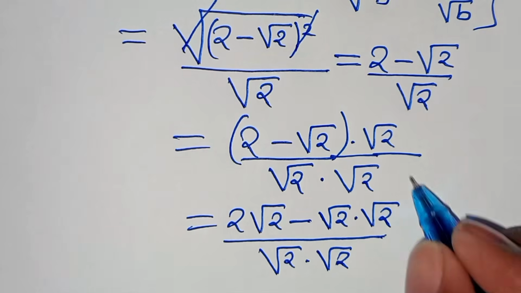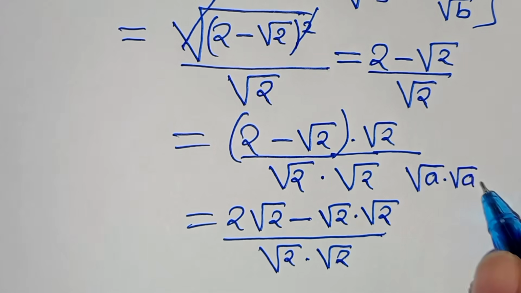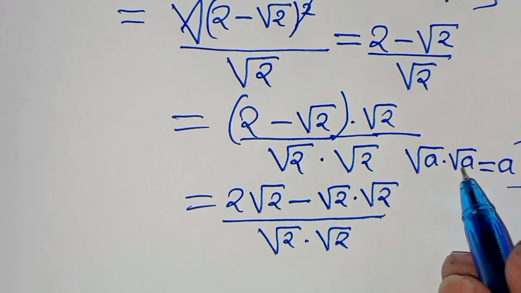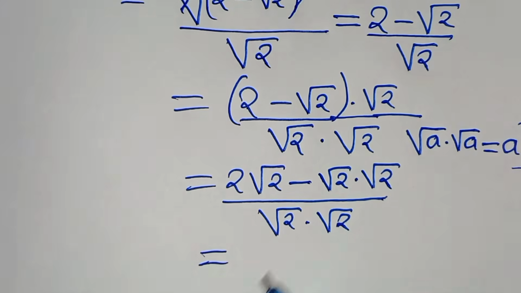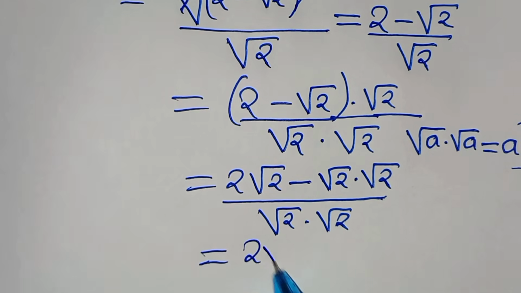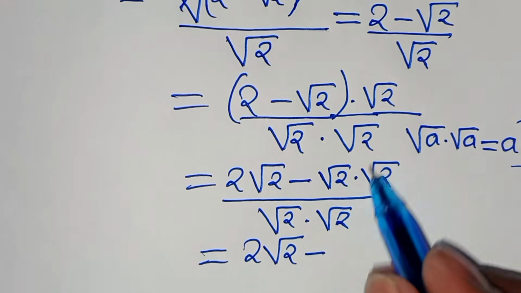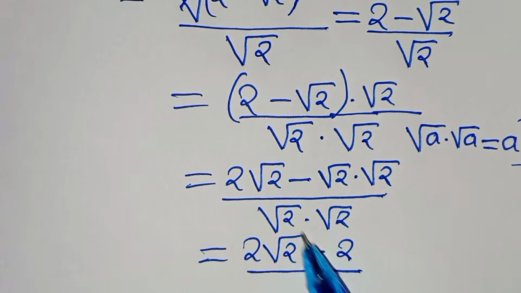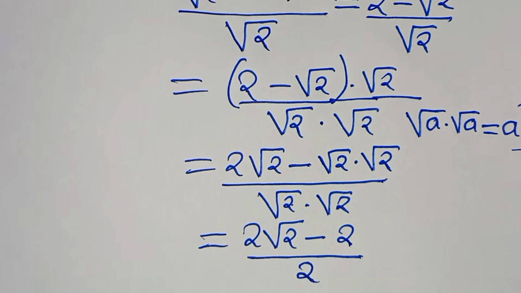Now we have that square root of a multiplying by square root of a is the same thing as a. Applying this property, we have 2 square root of 2 minus square root of 2 times square root of 2. This is equal to 2. Then divided by square root of 2 times square root of 2. This is the same thing as 2.